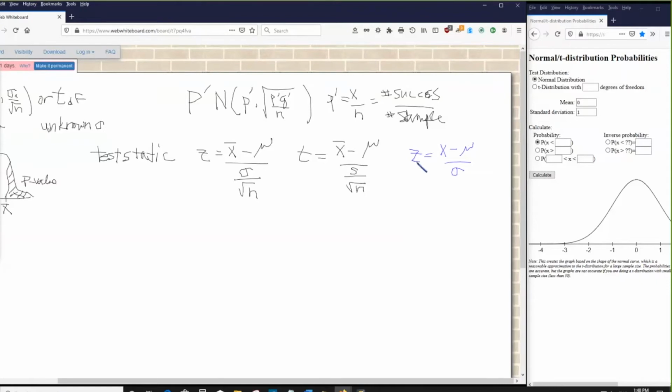And the z-scores just tell us how many standard deviations away from the mean the x value is. And this is doing exactly the same thing. And what this is doing is it's going to allow us to compare different sets of data.